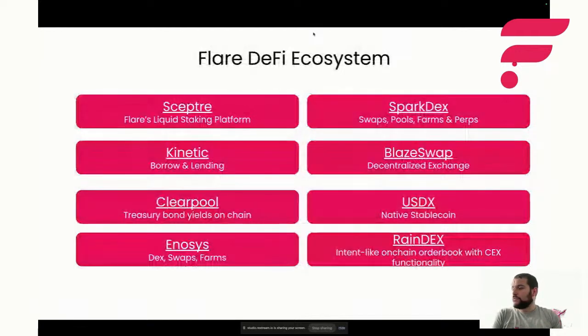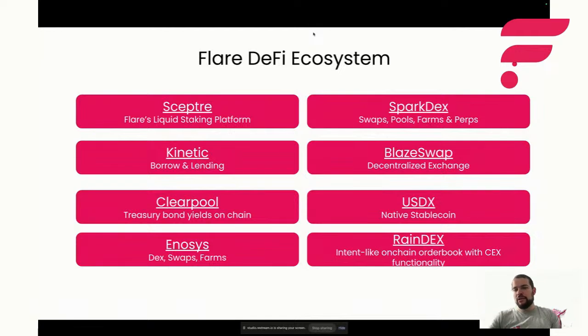Okay, and just a few other things. I've mostly talked about what's happening on Flare, so what we have enshrined. But a lot of things are already built. A lot of stuff is happening, and we have a really growing and bustling DeFi ecosystem. So here's just a list of some selected things that we have. We have liquid staking, swaps, pools, farming, perpetual futures, all powered by the FTSO.